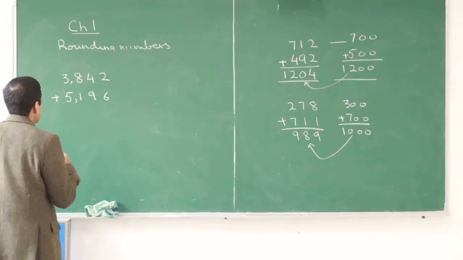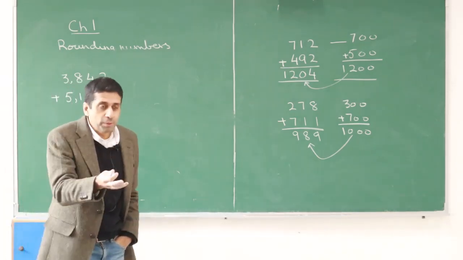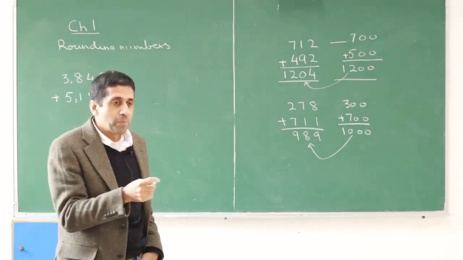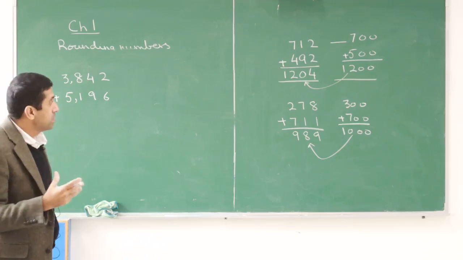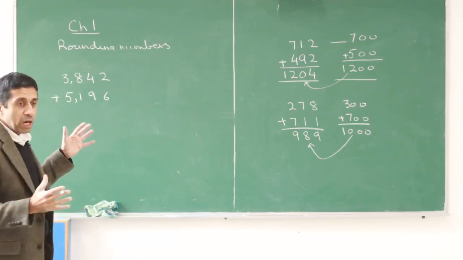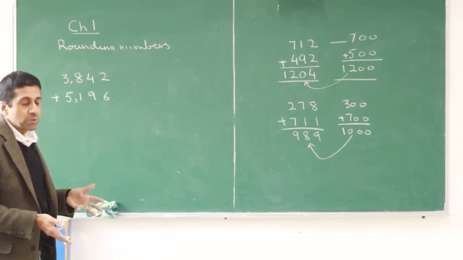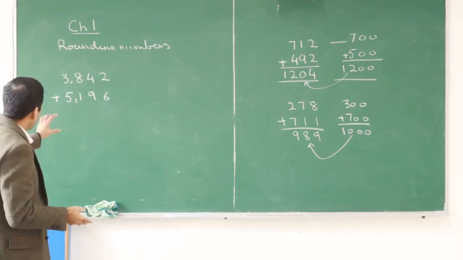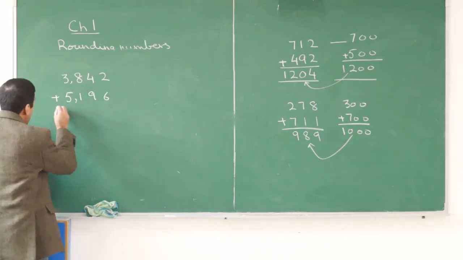Was it because the digit was like 1,000? Yeah. The numbers you're dealing with are both in the thousands, so it's sensible to estimate in the thousands, because both numbers are 3,842 and 5,196. Then you'll add them.